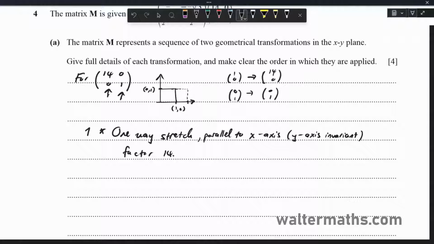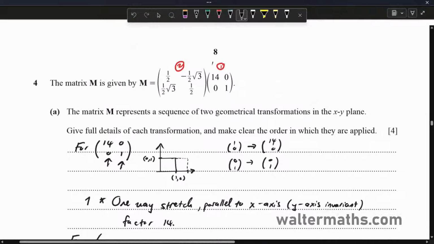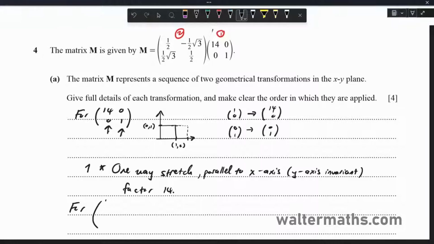Then we're going to do the transformation represented by the other matrix, a half minus a half root 3, a half root 3, and a half.